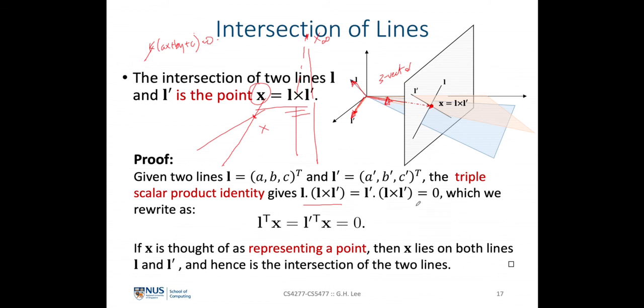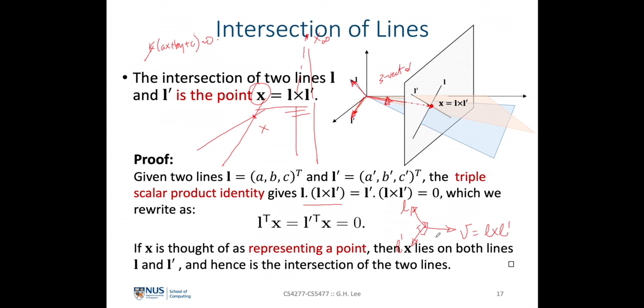The cross product of the two vectors, which we denote as L and L prime, gives the vector that we denote by V. This is L cross L prime, and it is orthogonal to each of them. All three are perpendicular to each other. So if we take the cross product of L and L prime, we will get V, which is orthogonal to L and L prime.